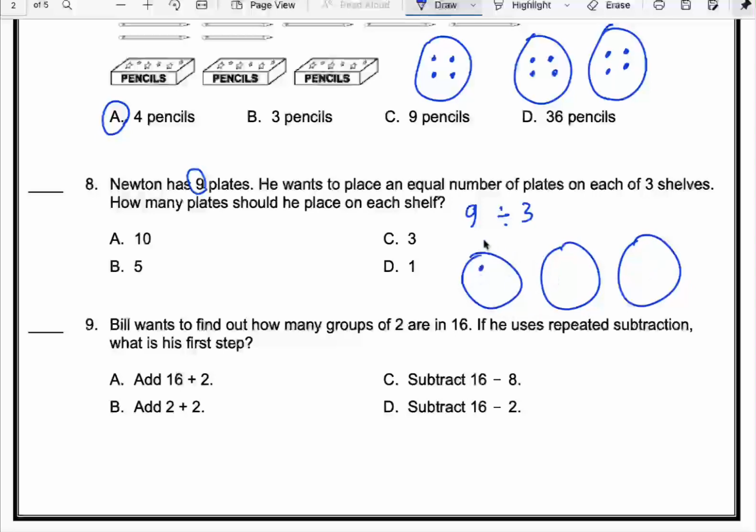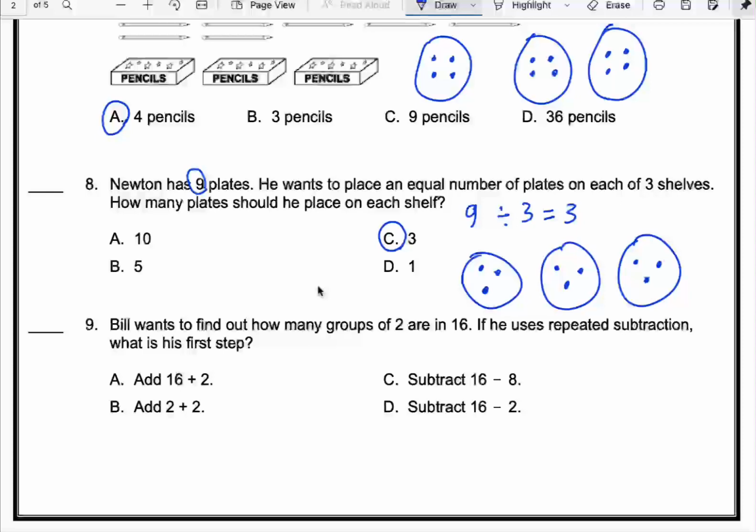We're counting 9. 1, 2, 3, 4, 5, 6, 7, 8, 9. So how many in each group? What is the size of each group? How many counters in each group? 3. So the answer should be letter C. Thank you, Abdullah. Good work.